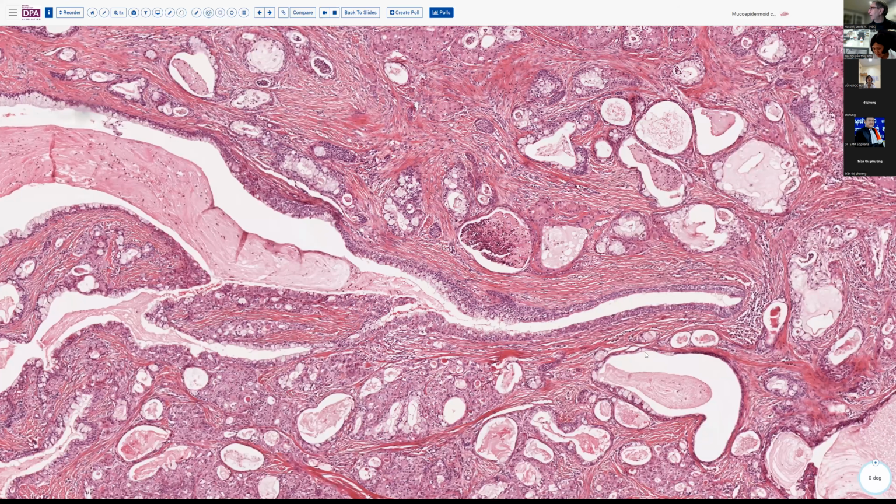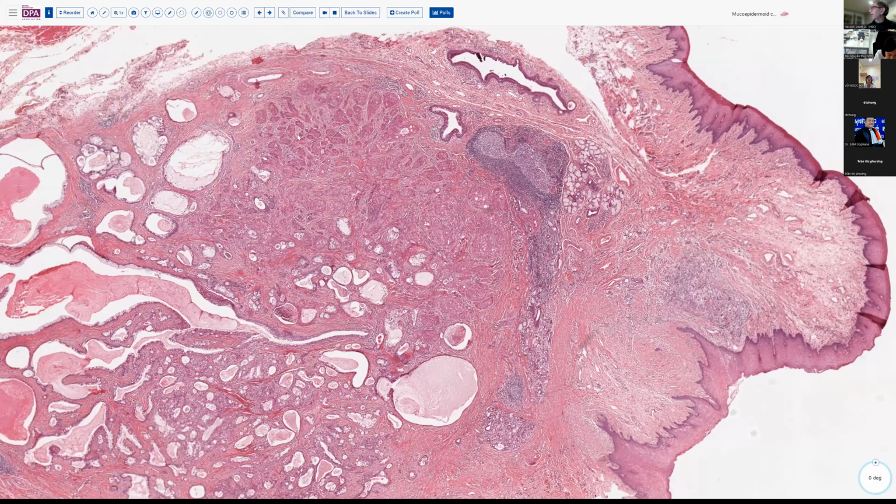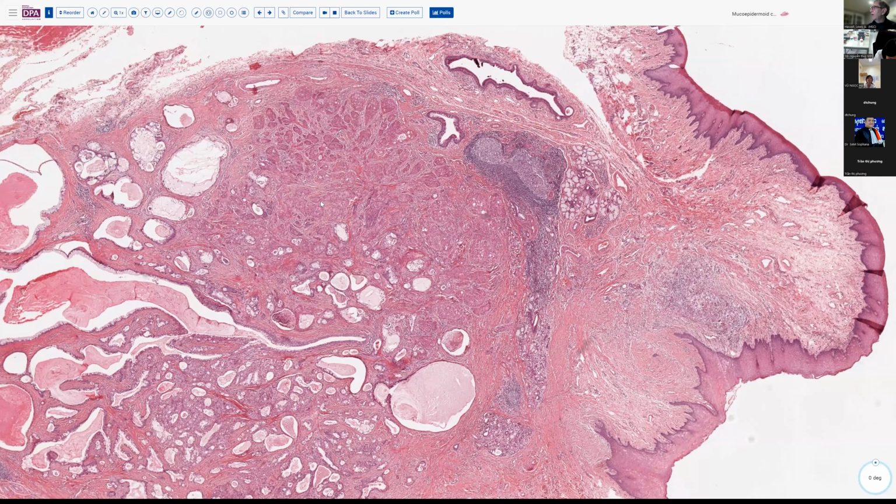And you can see here we're in probably a minor salivary gland location with squamous mucosa here, a salivary duct coming down into this minor salivary gland, which has been pretty much taken over by this lesion.